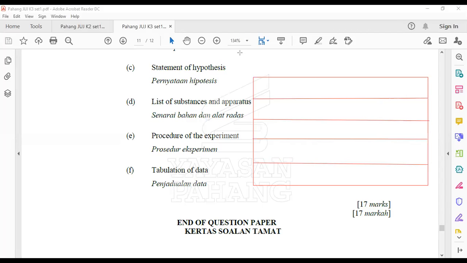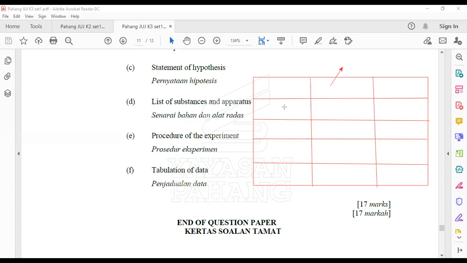Okay, now you are going to separate this part. Here, you are going to write the reaction between sodium hydroxide solution with hydrochloric acid, and the reaction between sodium hydroxide solution with ethanoic acid. This one and this one.